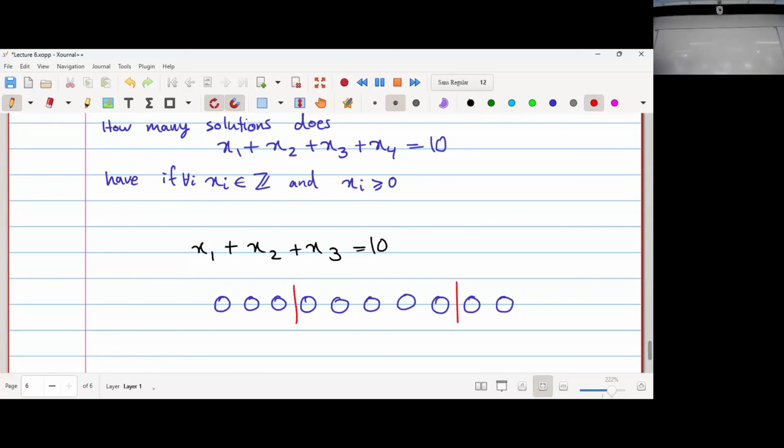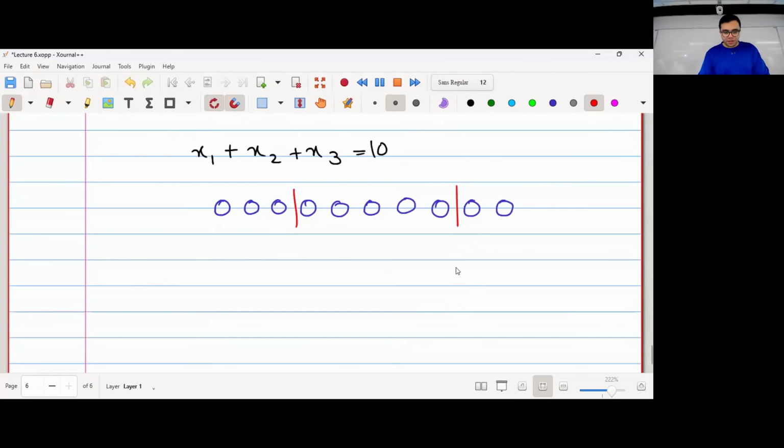I can count the number of balls that are before the first divider, that's 3. Then I can count the number of balls that are between the 2 dividers, that's 1, 2, 3, 4, 5. And the number of balls that are after the last one. These give me 3 numbers whose sum is equal to 10, right? So in this case, I get 3 plus 5 plus 2.